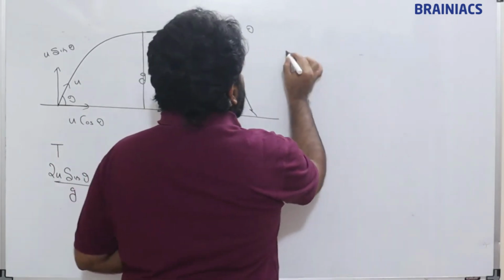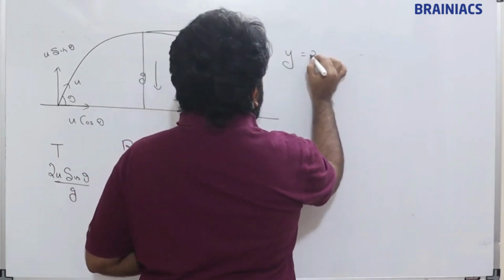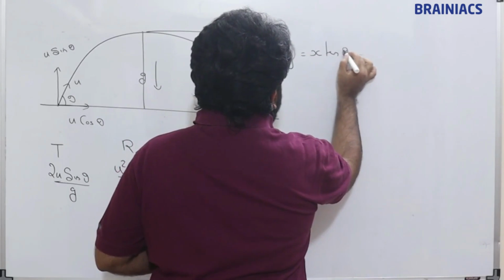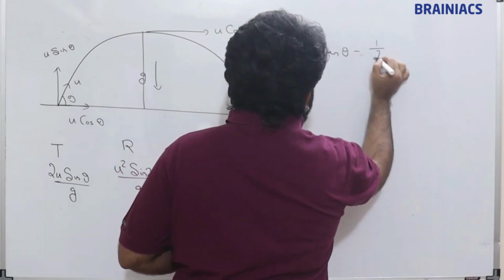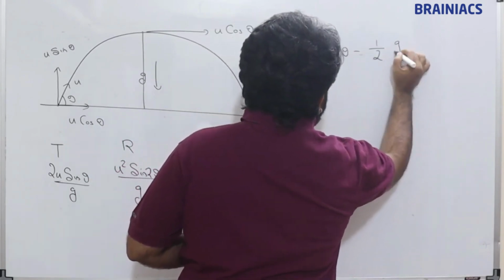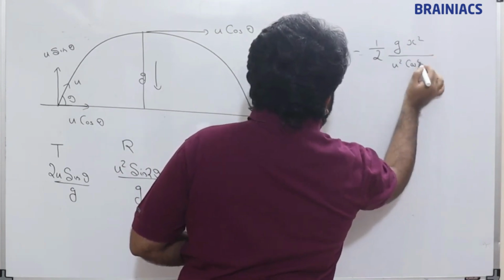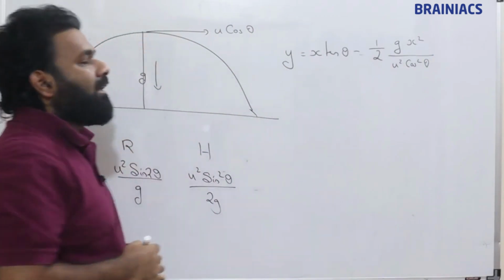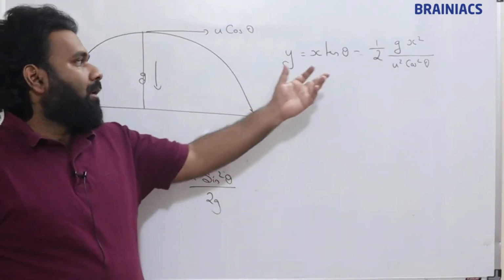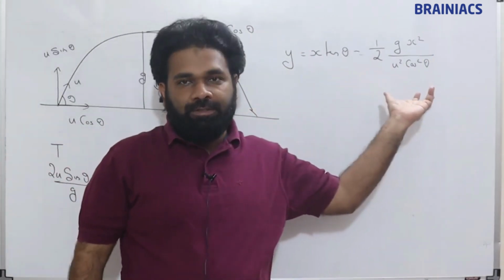One more thing we have studied: y is equal to x tan theta minus half g x square divided by u square cos square theta. Okay, the equation of the trajectory.